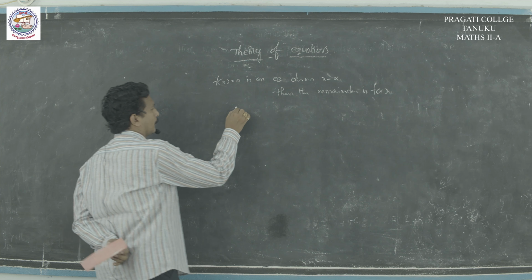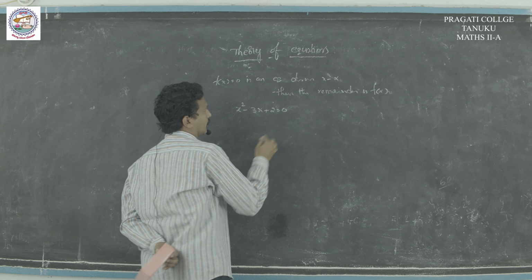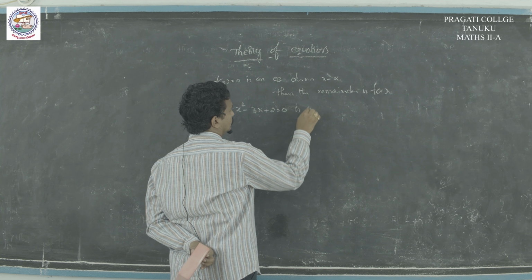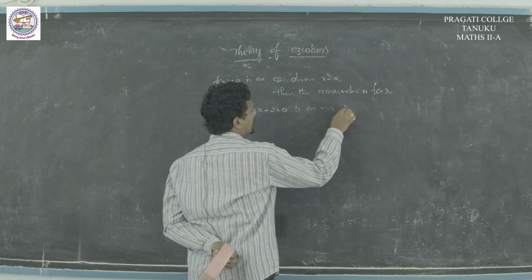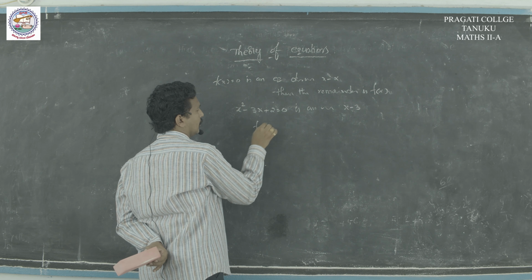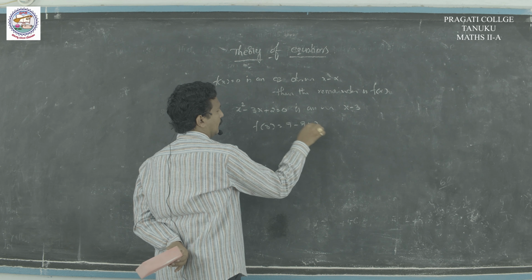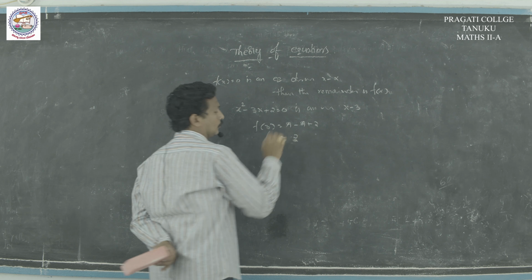For example, x square minus 3x plus 2 equal to 0 is an equation dividing with x minus 3. Then the remainder is f of 3. F of 3 means 9 minus 9 plus 2 equal to 2.